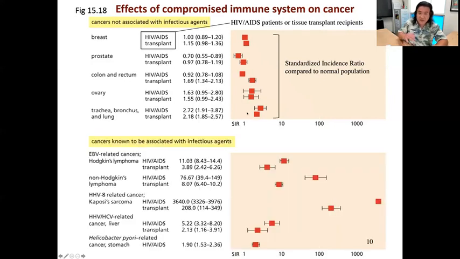But what about cancers that are known to be associated with infectious agents, right? Because these two cohorts that we're looking at are immunocompromised individuals, they have a greater likelihood of being infected by infectious agents in the first place.